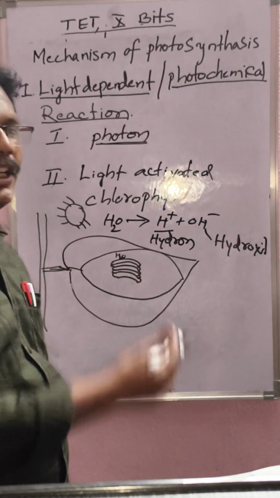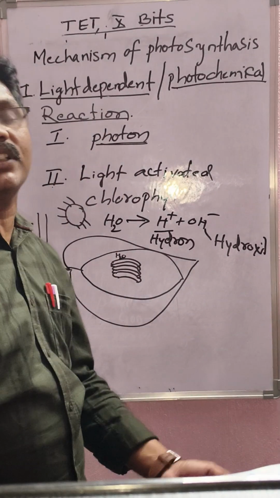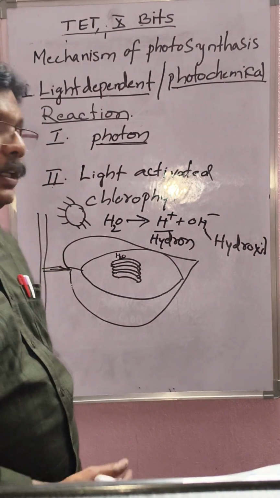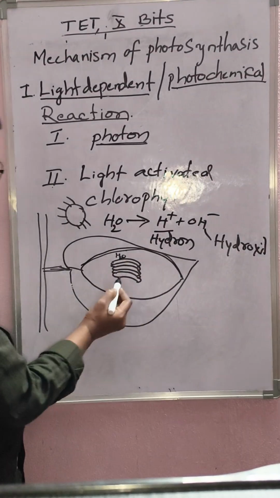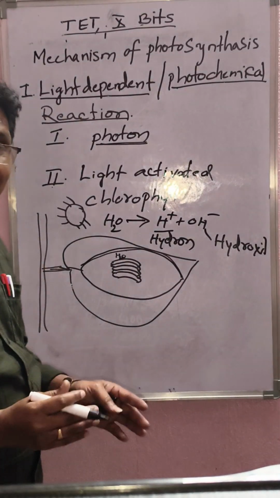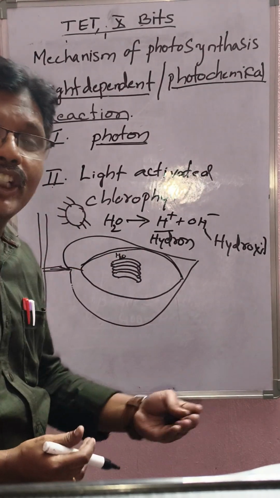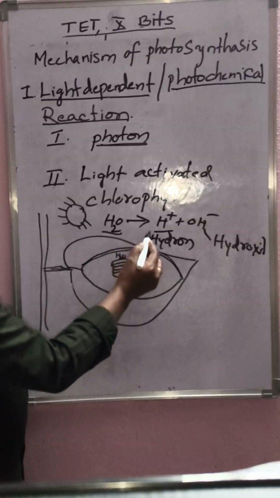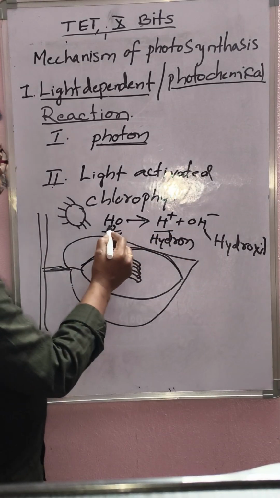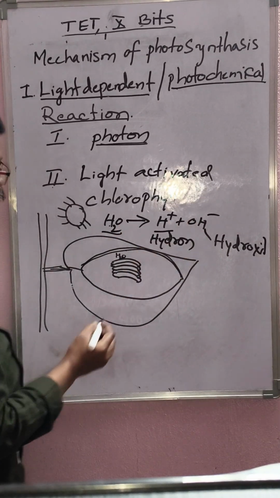Due to that photon energy, the light activated chlorophyll molecule splits the water molecule into two. As I already told, H2O gives H plus and OH minus.